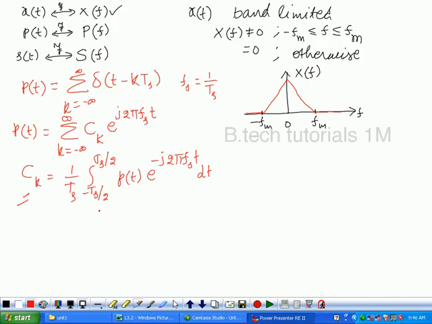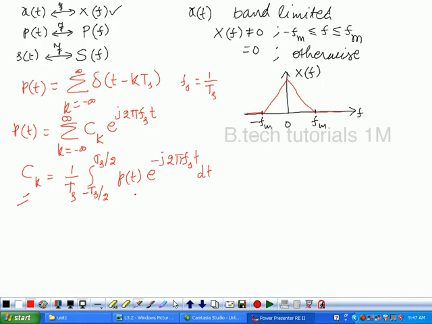See, if a periodic signal is given, we can represent it by the complex Fourier series. We have two representations: one is the trigonometric Fourier series and another is the complex Fourier series. So this is the complex Fourier series representation. Don't think that the trigonometric Fourier series and the complex Fourier series are different. Both are the same. The way that we represent is different.